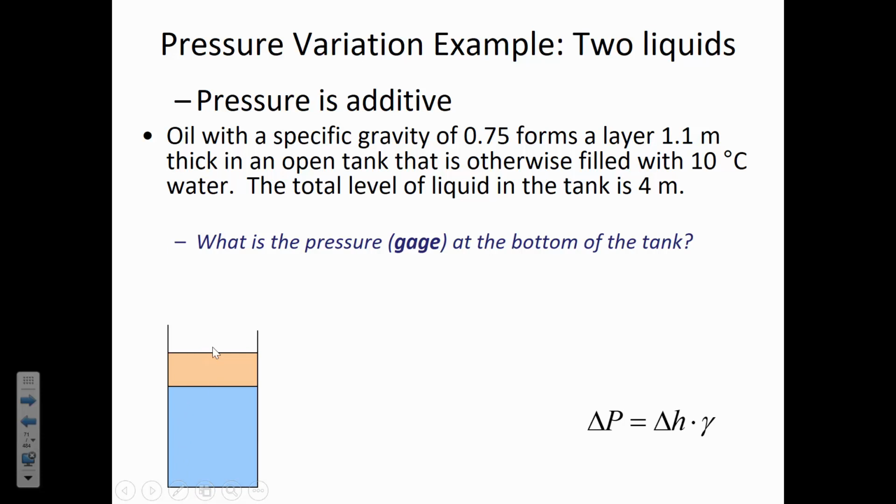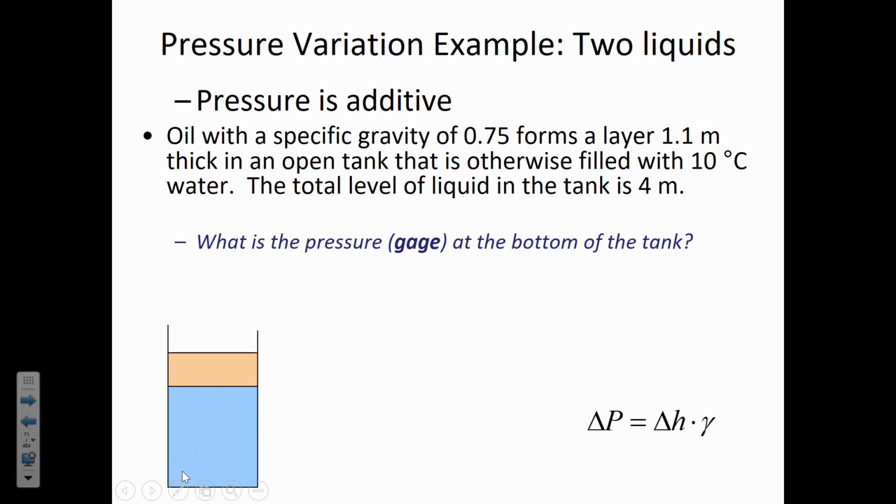That's why you can't just do it in a single step. You have to break the problem up into as many steps as there are different liquids. So here, if you want to find the pressure at the bottom, you'd first find the pressure at the meeting point of the oil and the water, and then in the second step, the pressure change would be from the oil-water interface down to the bottom of the tank.